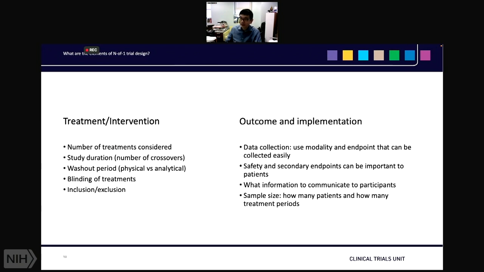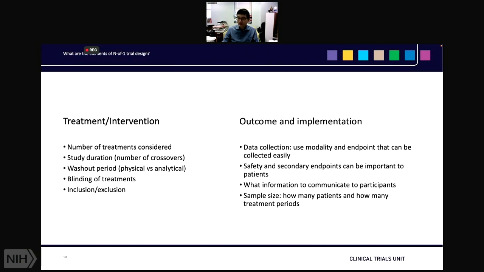So this is something we need to think more carefully about. If blinding is not possible, we may need to consider how we want to measure or collect the outcome, so as to reduce placebo effects or bias, simply because of the fact that people know what they're getting.